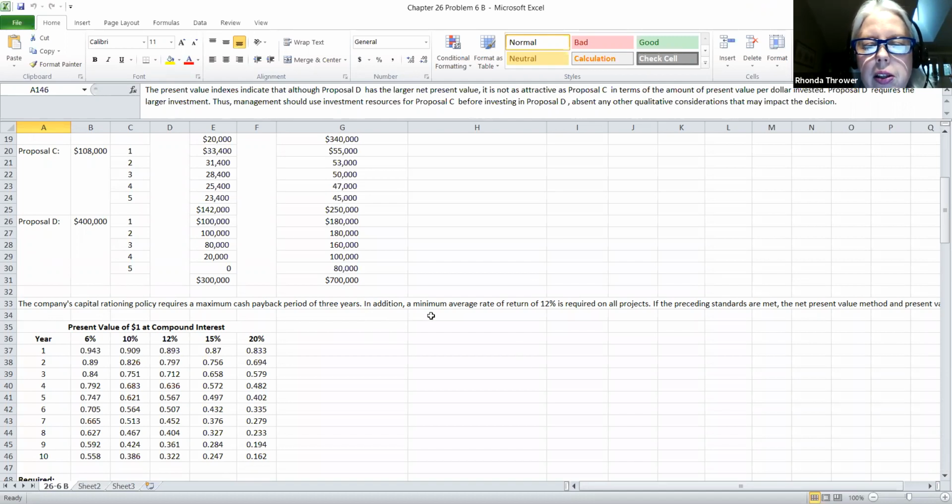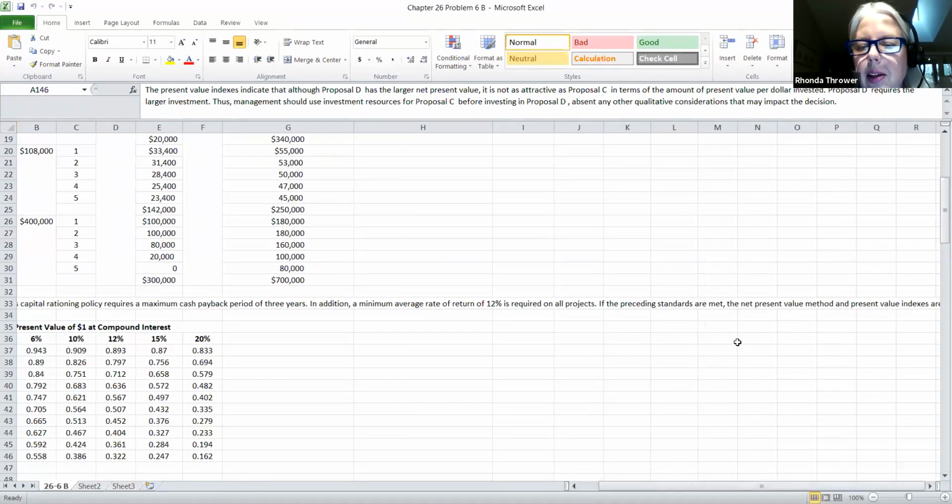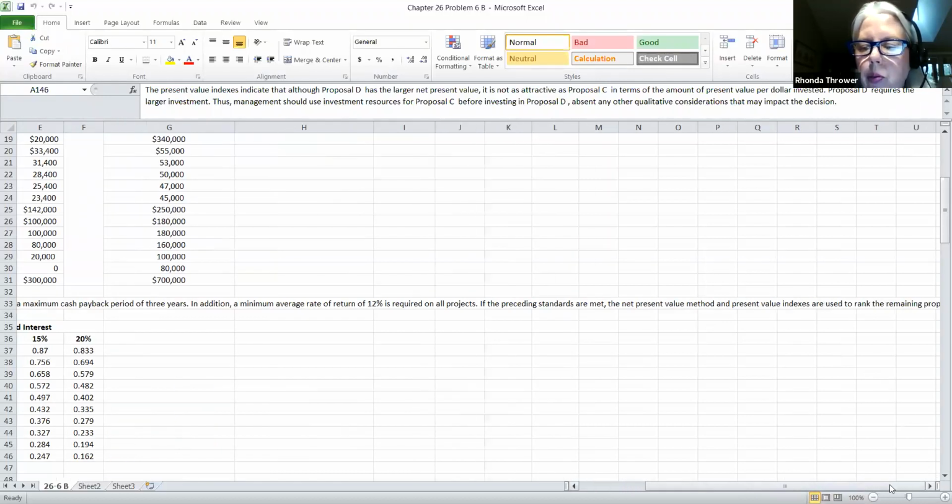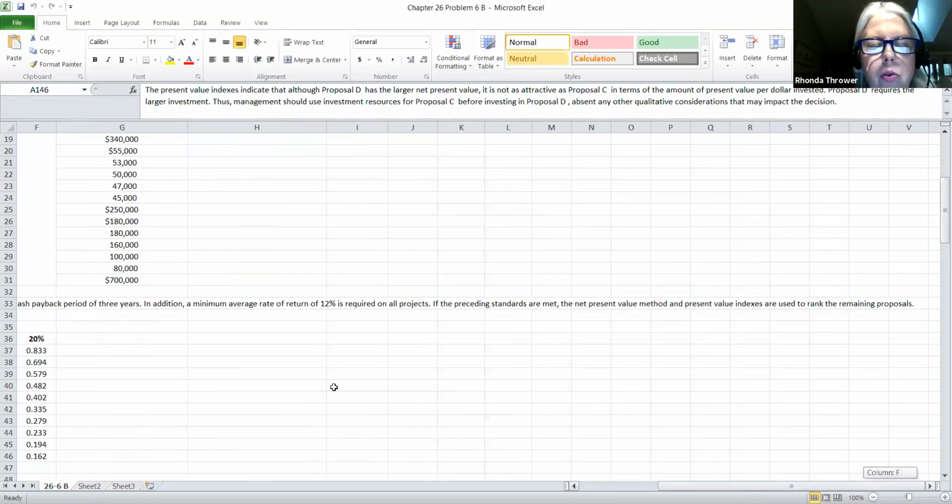In addition, they want a minimum average rate of return of 12% required on all the projects. If the preceding standards are met, then we'll use the net present value method, and the present value indexes will be used to rank the remaining proposals.